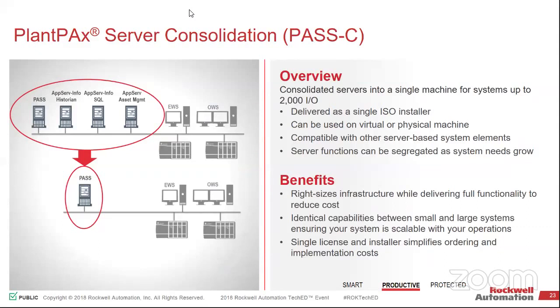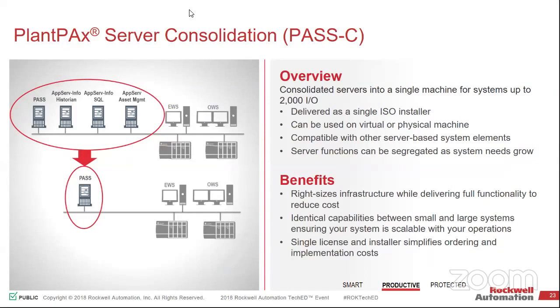So it'll be both a virtual image and also an ISO, so you can install it on a physical box. Two approaches. Combined, it will give you 5,000 historian, 2,000 IO points, single data server, and 10 operator workstations.